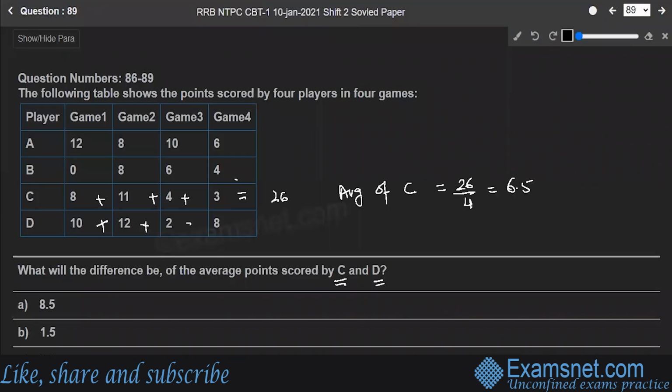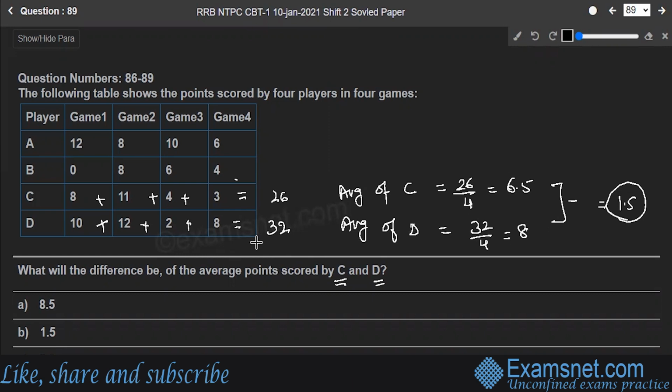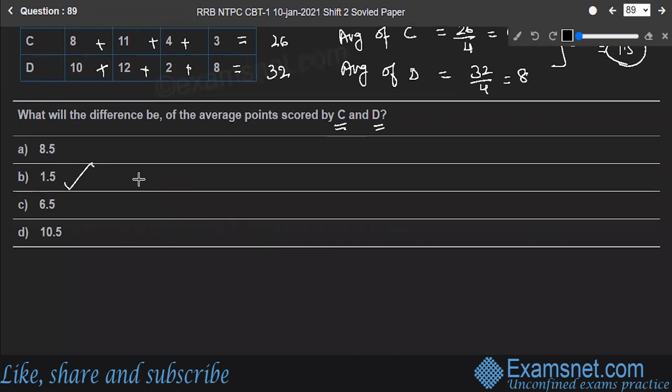And for D, let's add all of them. You'll get a 32. Average of D is 32 upon 4, which is equal to 8. And the difference between them, I'll subtract 8 minus 6.5. I will get 1.5. Right. So the difference is 1.5, which is option B. Done. Hope you understood this.